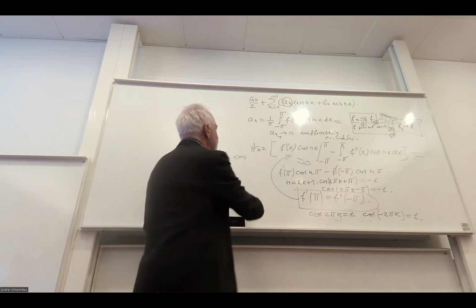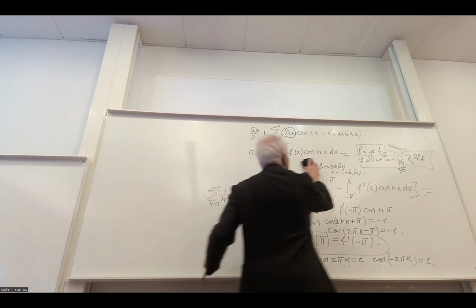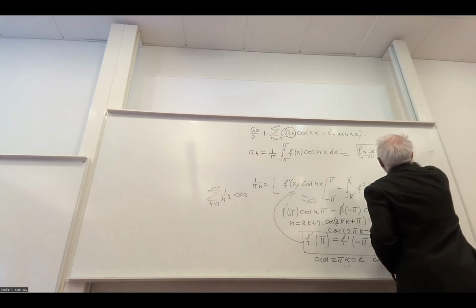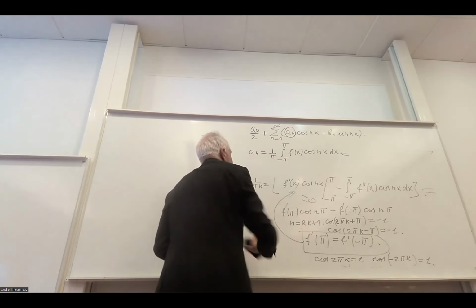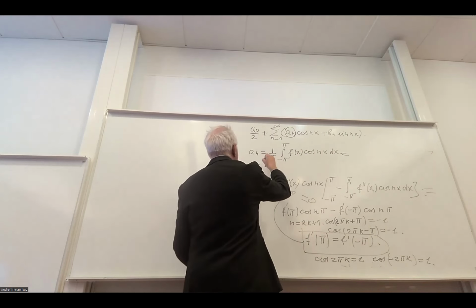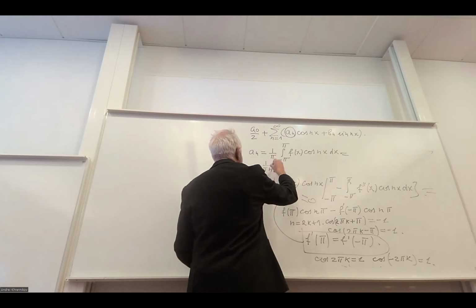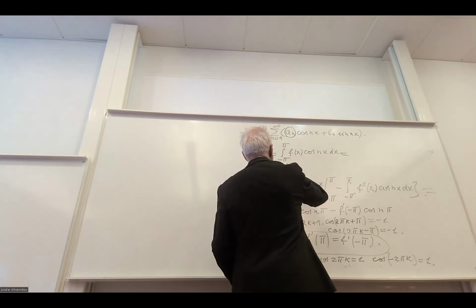So we now get the following formula for a_n. It is equal to 1 over pi n squared, and here is the integral from minus pi to pi.